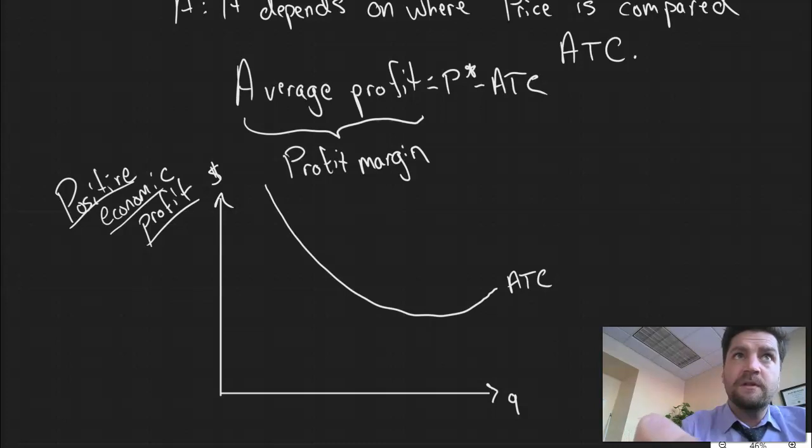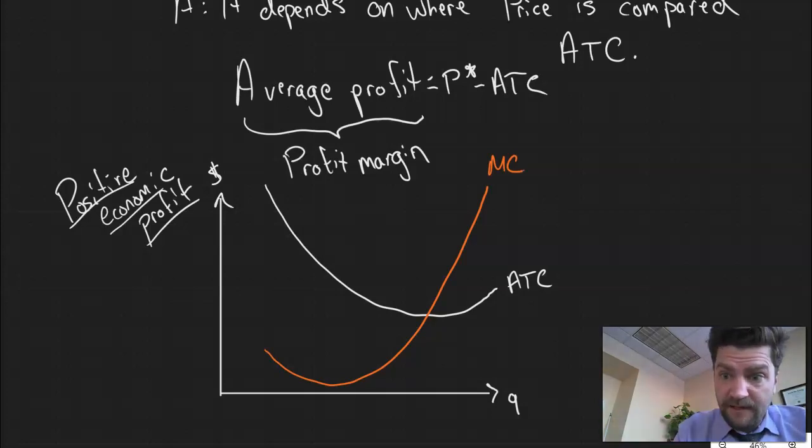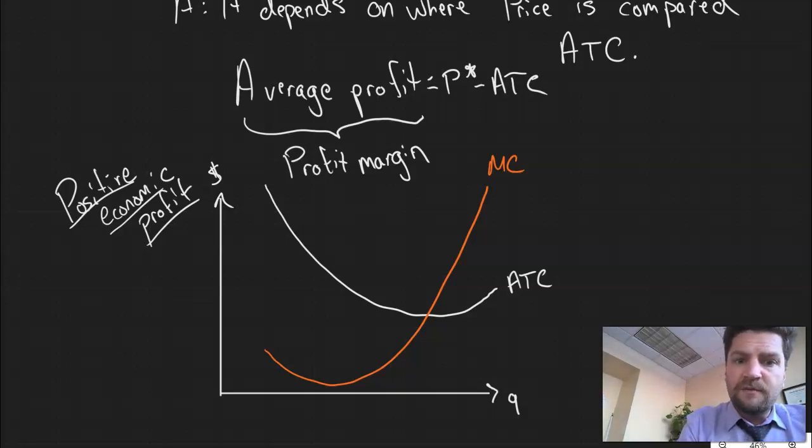And then we'd want to include our marginal cost curve, our Nike swoosh. And then because we are given the price, it's a market price, we're price takers, our price is going to be equal to our demand curve, which is going to be equal to our marginal revenue curve.